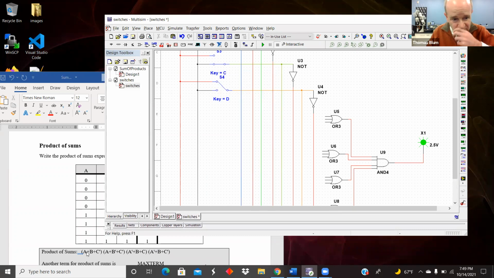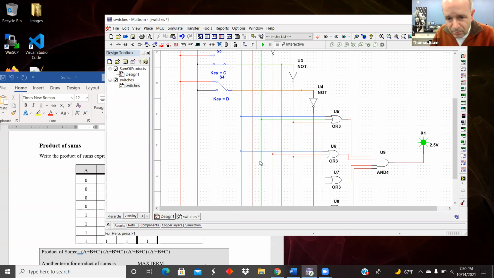Okay, so the first one is A, B, and C prime. So there's A, there's B, and then I'm going to C prime, which is there. The next one is A ORed with B prime and ORed with C prime. So that is again A, B prime, which is here because it's A prime, B prime, and then C prime, which is here.